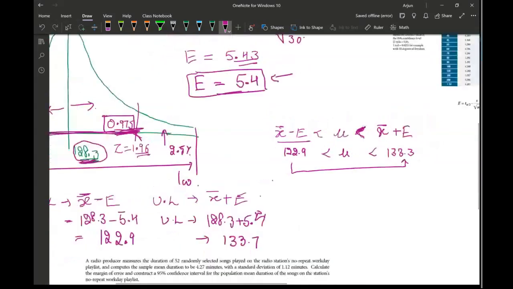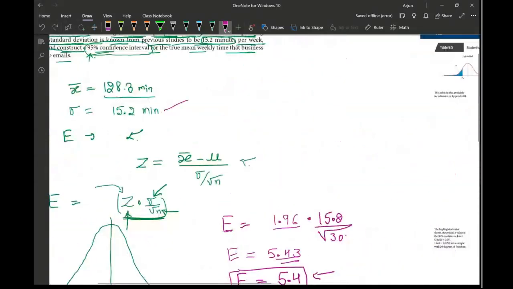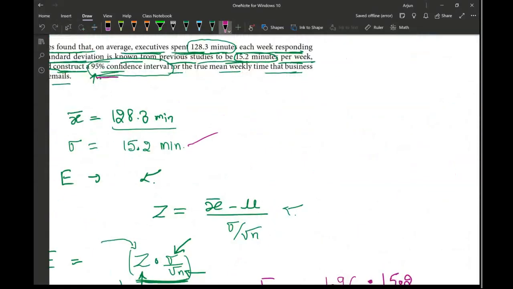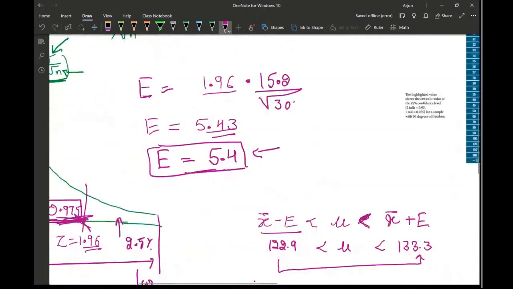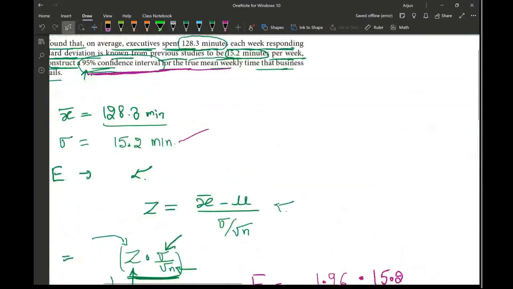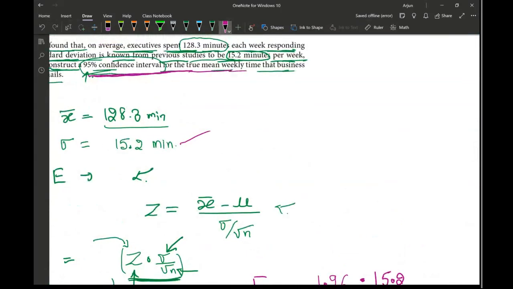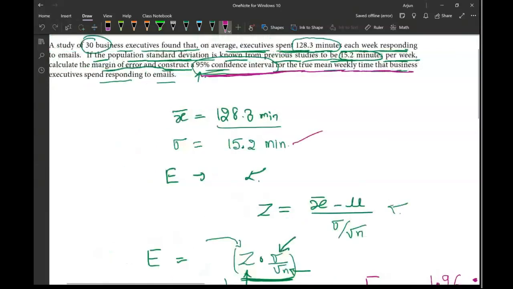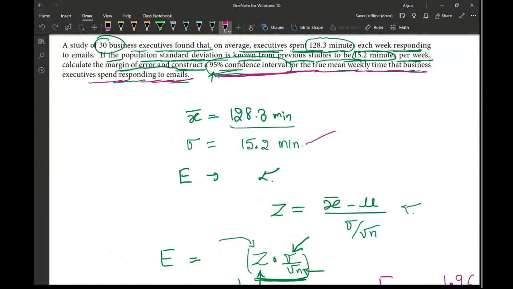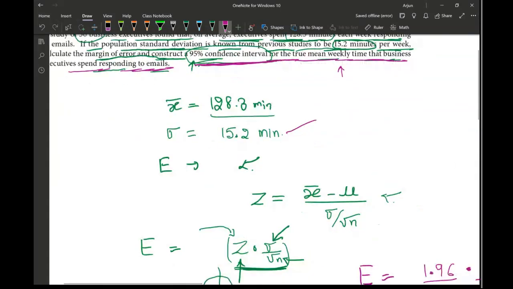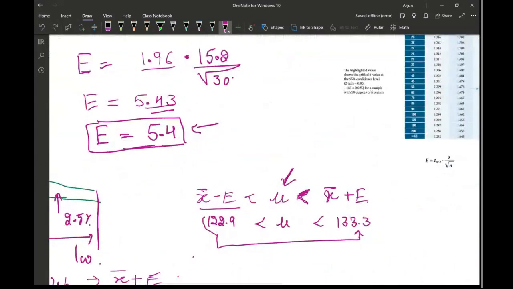That I am 95% confident based on the given information that the true mean, this is the true mean, the true mean weekly time that the business executives spent on responding to emails will lie between these two values, 122.9 to 133.7. That's how we're going to solve these questions.